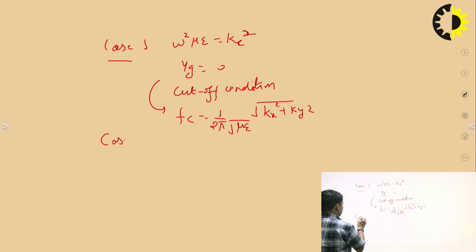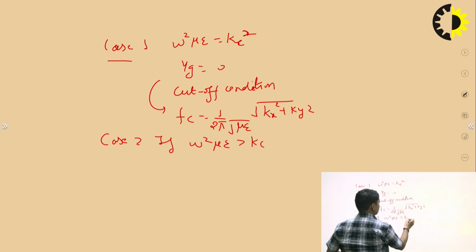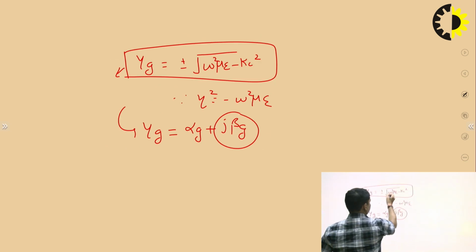Another case, case 2, we can discuss here: if omega squared mu epsilon is greater than kc squared. What will happen if this part is greater than kc squared?